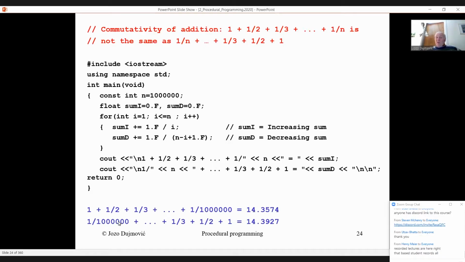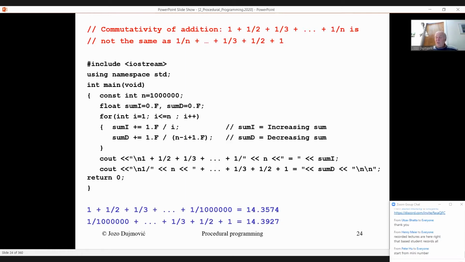This here is better. Why? Because when I add two small values, they are going to be close to each other, and a bigger part of those digits are going to participate in creating this sum. So when I come to the end, when I have to add this to 1, I'm going to have a more precise value here than I have here.